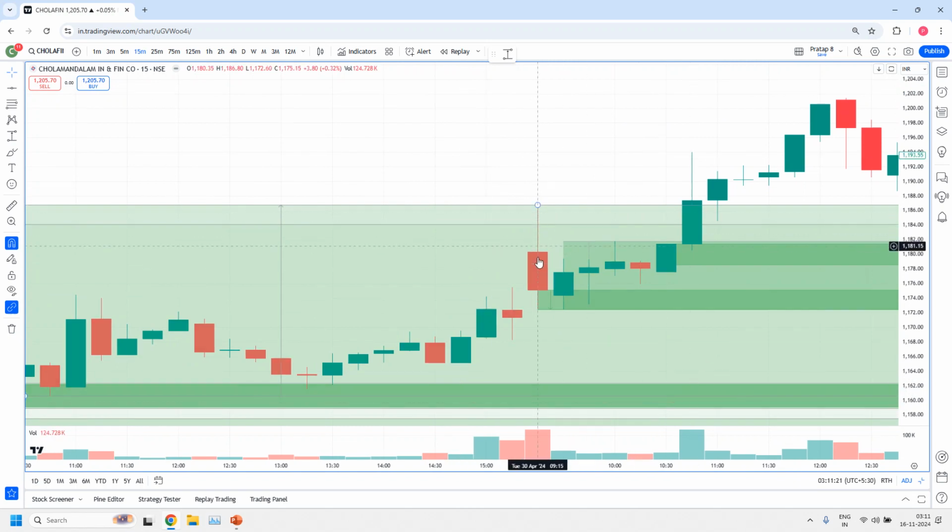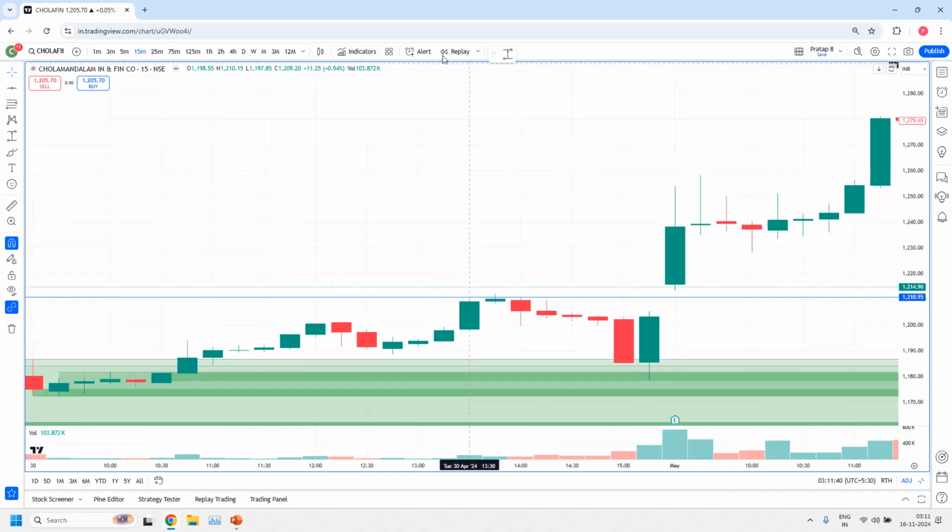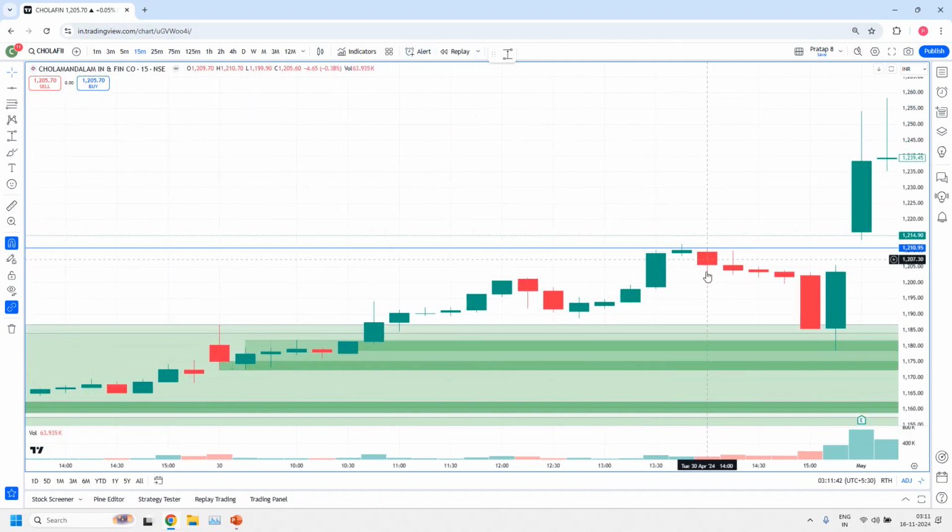Here you have a drop candle. You have 1, 2, 3, 4, a medium size candle, also part of the base. So in total you have drop, 5 base candles and a rally candle. This is the 15-minute zone. Now what happened?